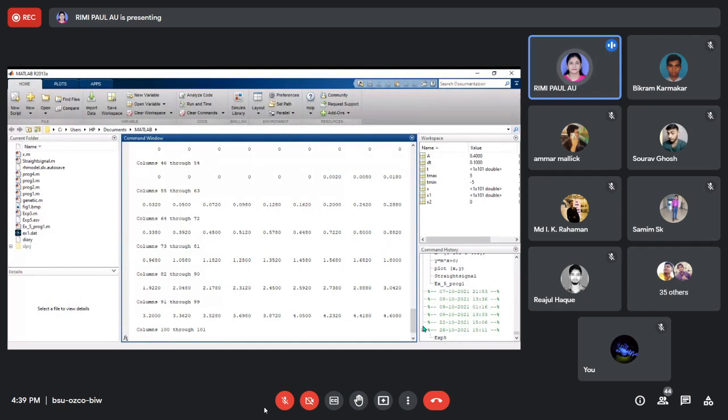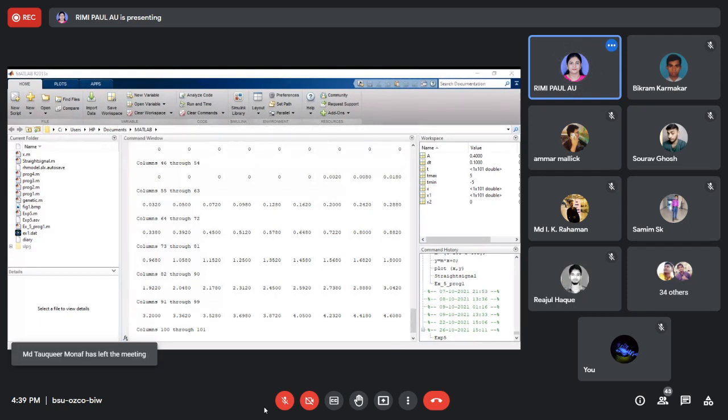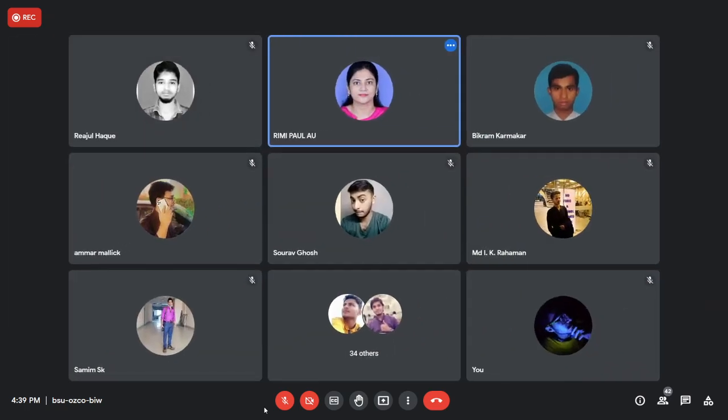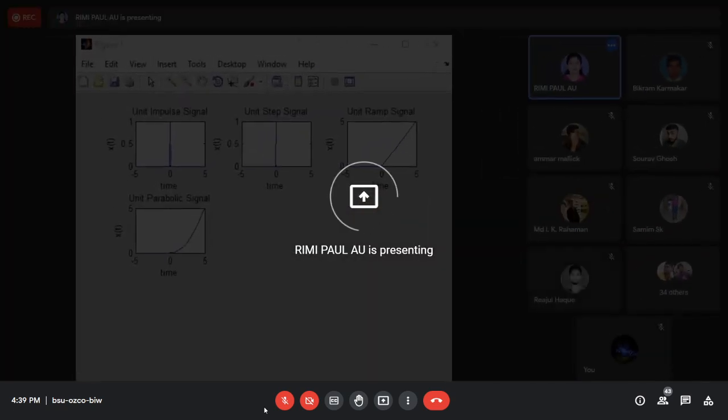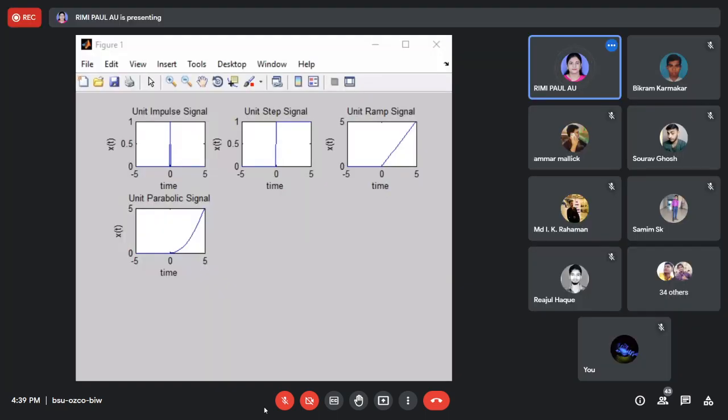Now you can ask, madam, where is the plot? Yes, I'll share the plot now. So you can see this is the plot, and subplot 3 is given.